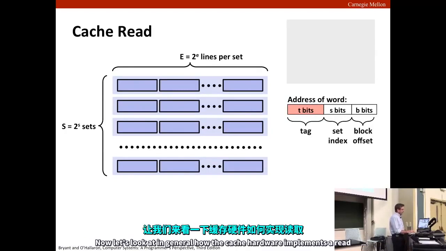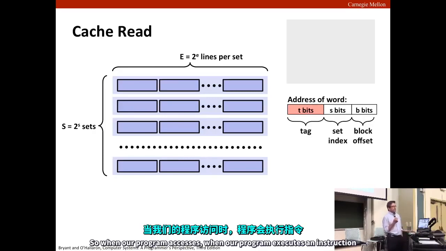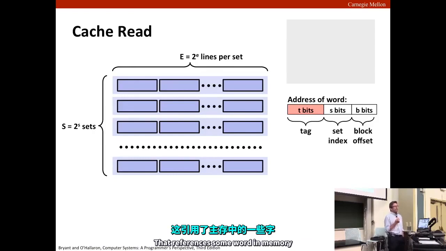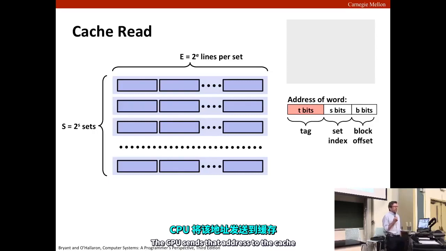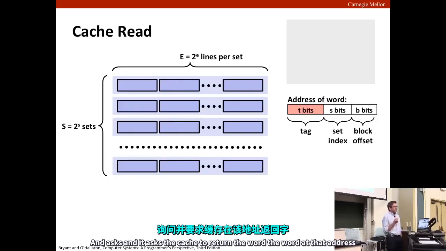Now let's look at, in general, how the cache hardware implements a read. So when our program executes an instruction that references some word in memory, the CPU sends that address to the cache and asks the cache to return the word at that address.